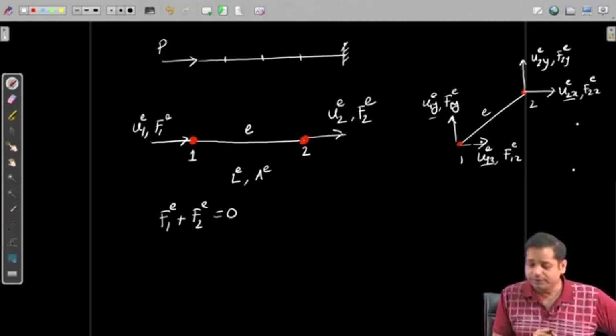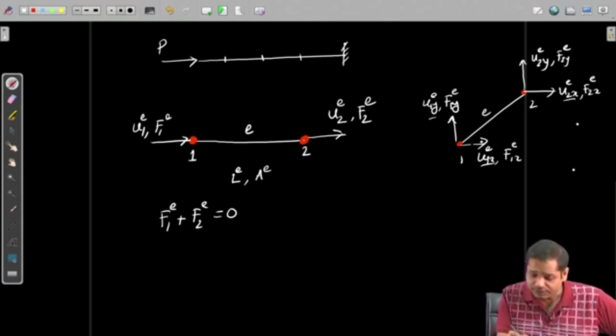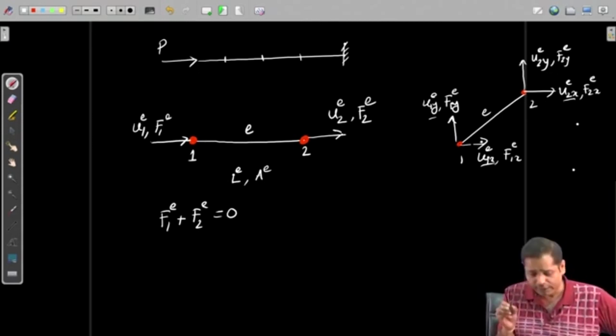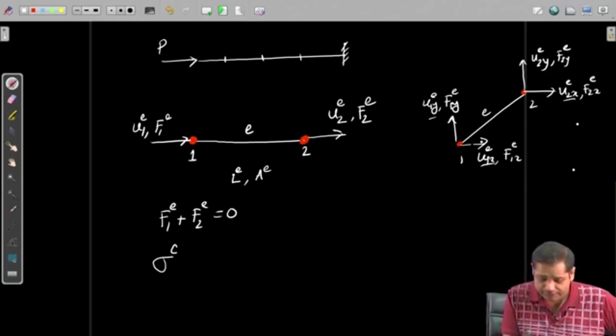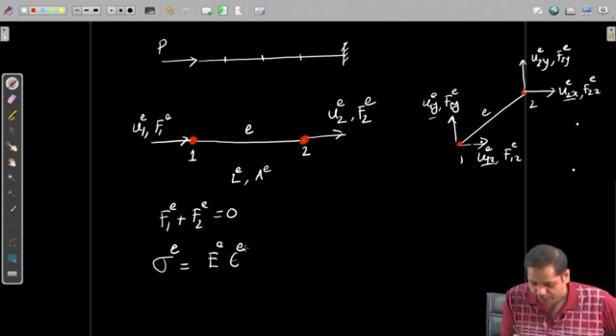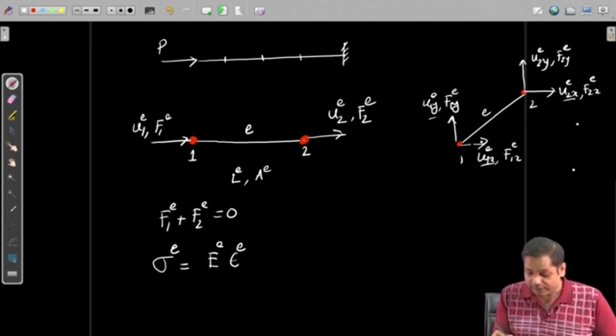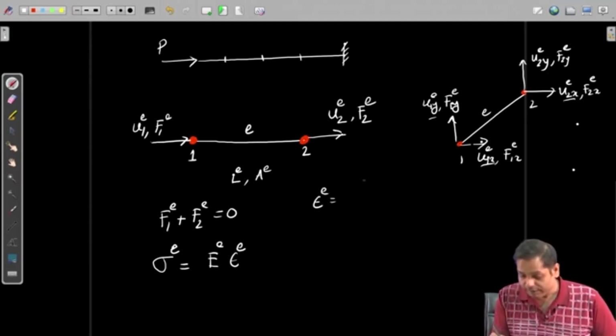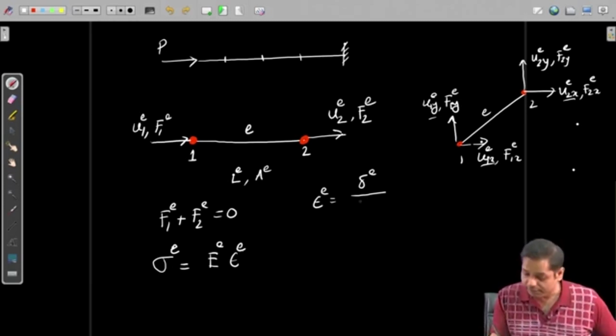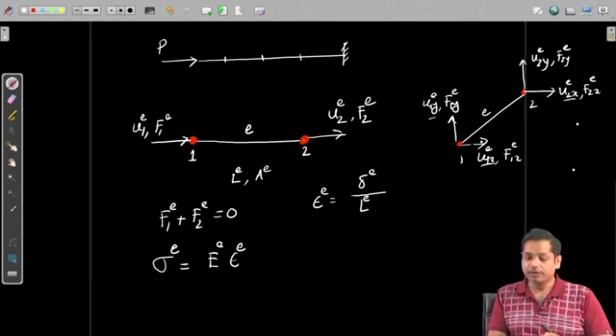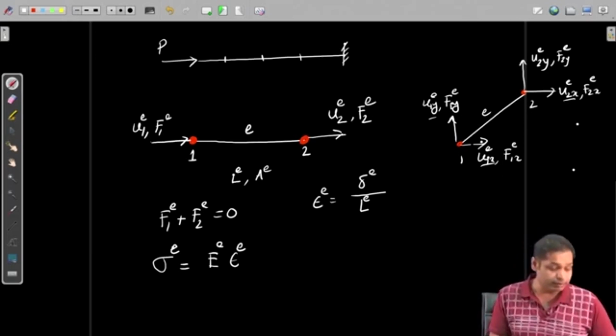Then, what does the constitutive relation tell us? It tells us the stress in this element. If we take any point, the stress sigma in this element E will be Young's modulus times epsilon^E, where epsilon is the strain in this element. And what is the strain in this element? The strain will be delta^E divided by L^E, using capital L. So this will be the strain.